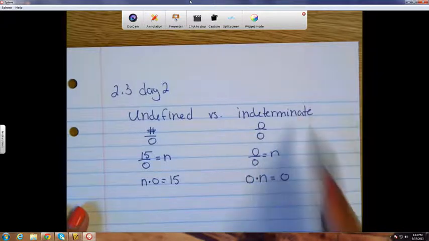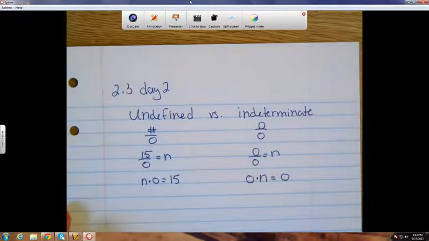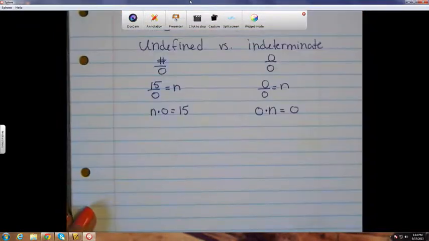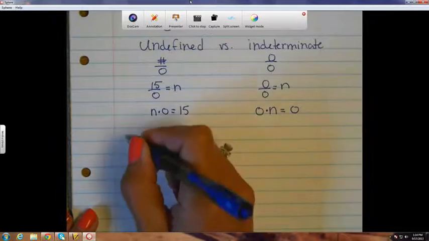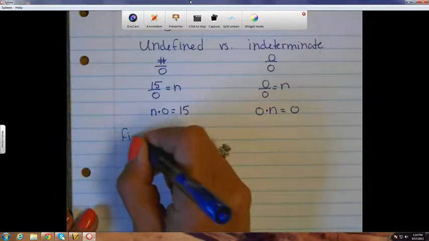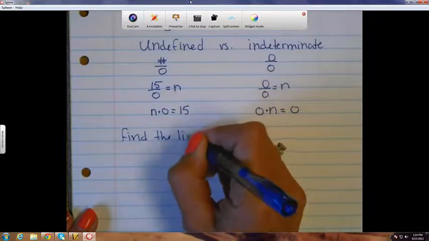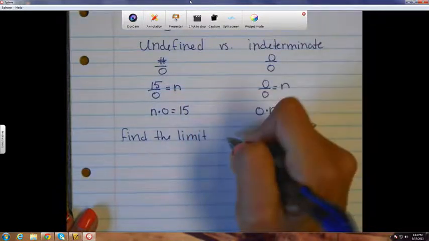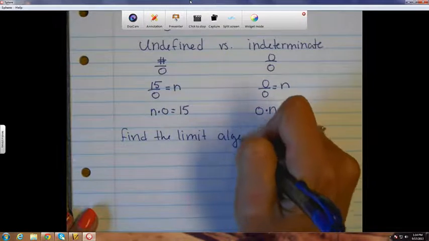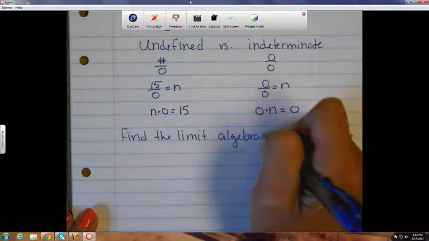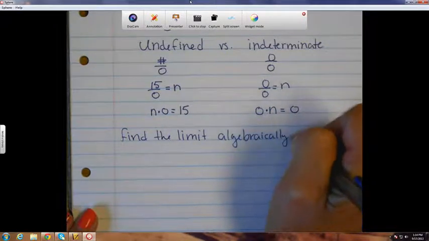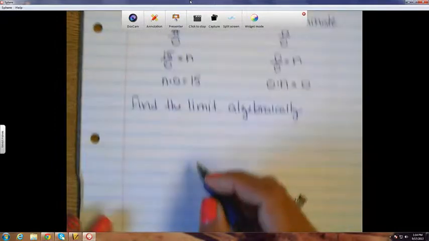Okay. Now for the new stuff. All examples today. So we are going to find the limits algebraically. Love algebra. Algebraically. First one.